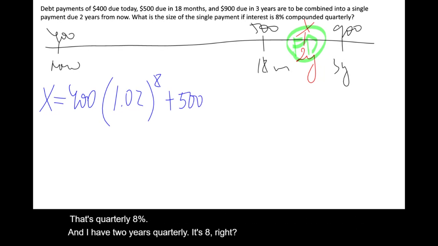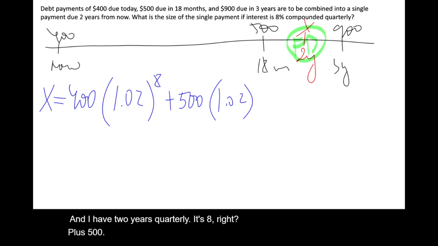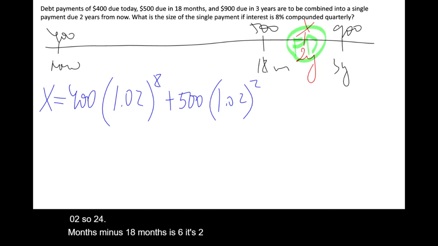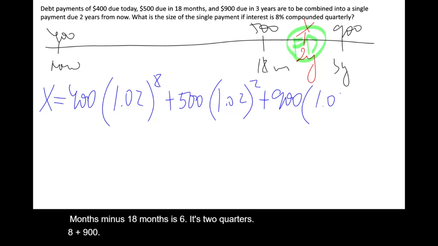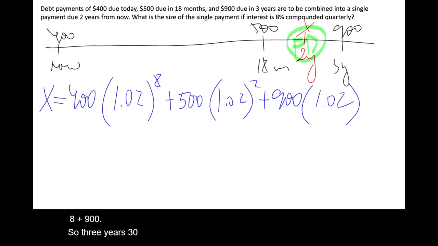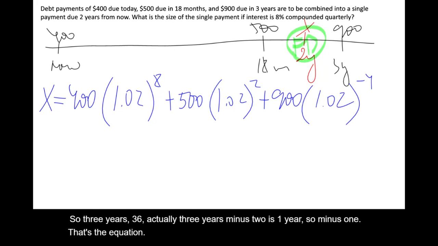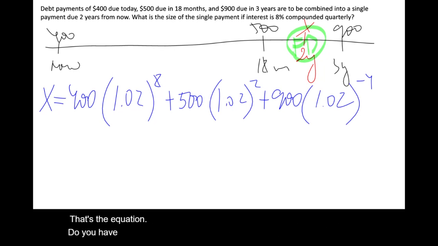Plus 500, 24 months minus 18 months is 6, it's 2 quarters, right? Plus 900, so 3 years minus 2 is 1 year, so minus 4. That's the equation. Do you have the same one, people?